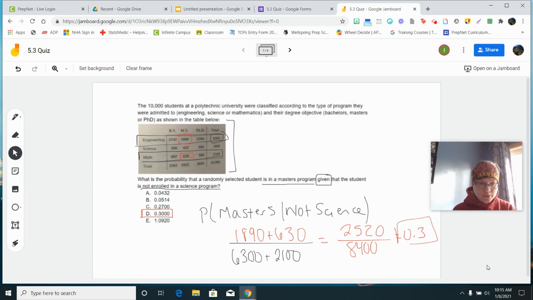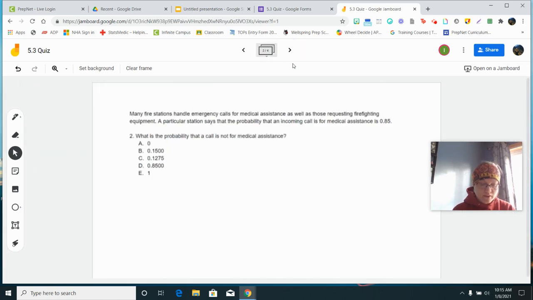For question 2, we are looking at fire stations and their ability to see if incoming calls require medical assistance. So there's an 85% chance, or a probability of 0.85, that we require medical assistance. So question 2 is asking, what is the chance then that they will not need medical assistance?